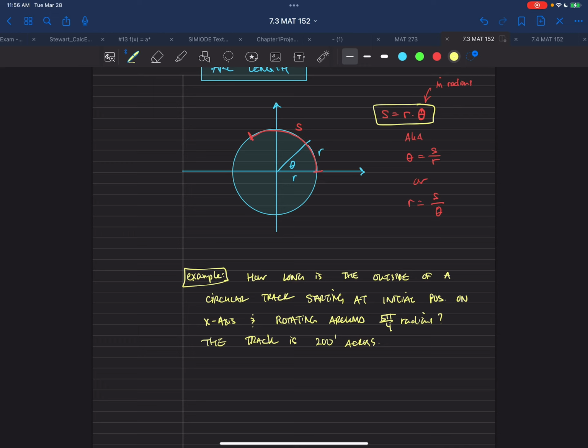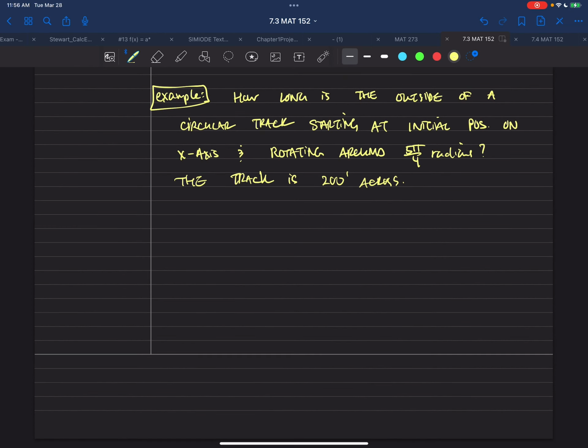All right, so again, we can sketch this out even though I have that circle up there. Got this circle here. Let's say we're starting here. We are at a length out here of 100. Why 100? Because it's 200 across, so it's a radius of 100. And then we sweep out 5 pi over 4 radians.